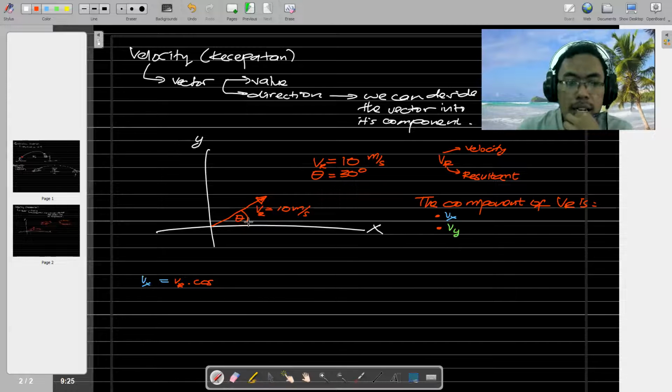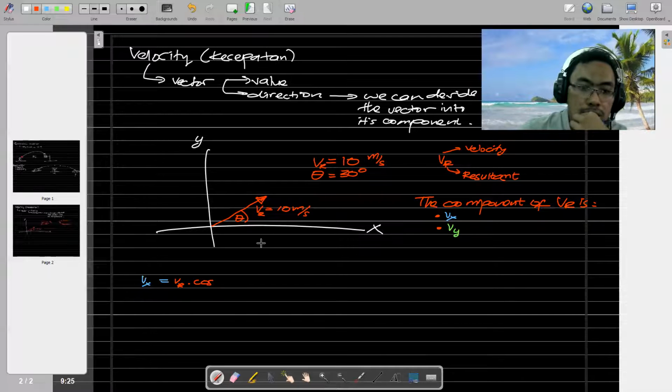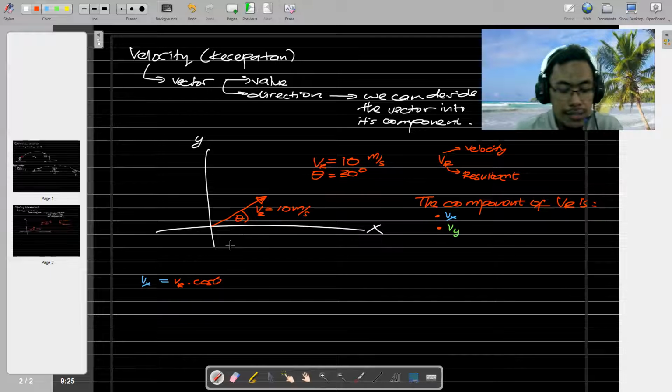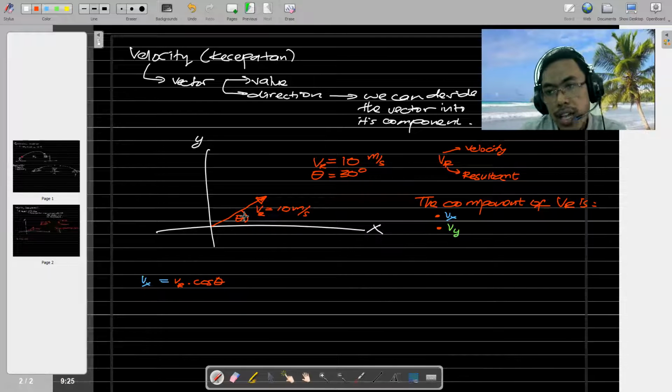Jadi kenapa saya menggunakan cos theta, karena theta ini diapit oleh kecepatan dan komponennya, begitu ya. Nah kalau ini kan berbeda ya.